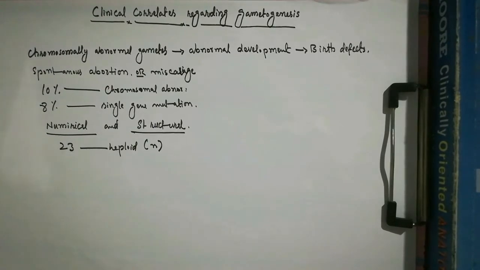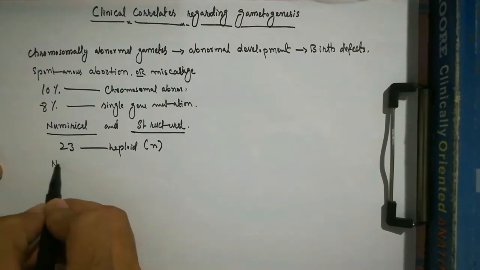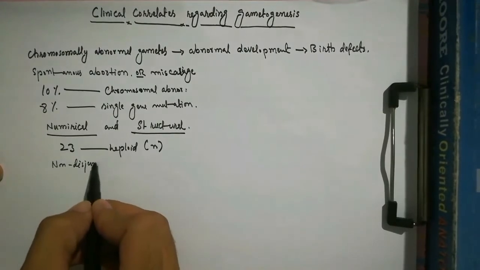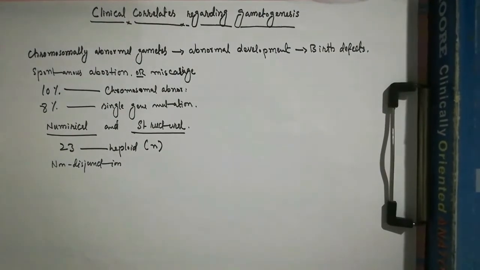The most common cause of numerical chromosomal abnormalities is non-disjunction. In non-disjunction, two chromosomes or two copies of a single chromosome fail to separate, resulting in formation of two daughter cells.